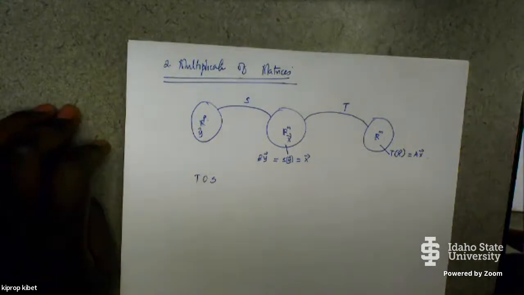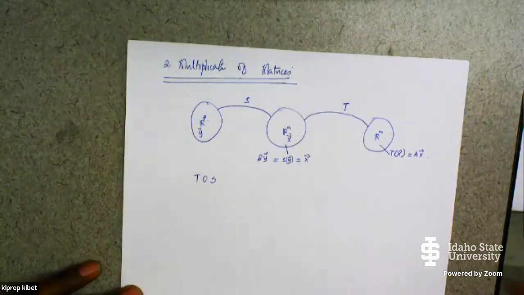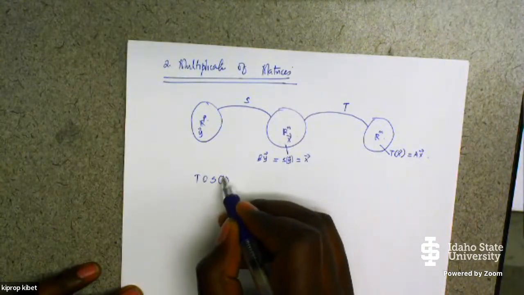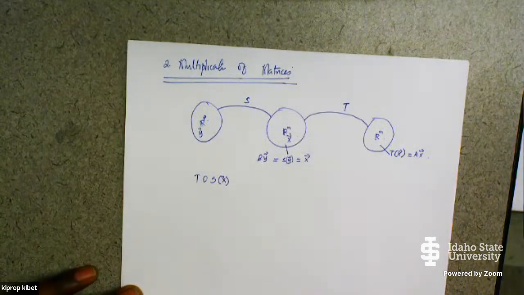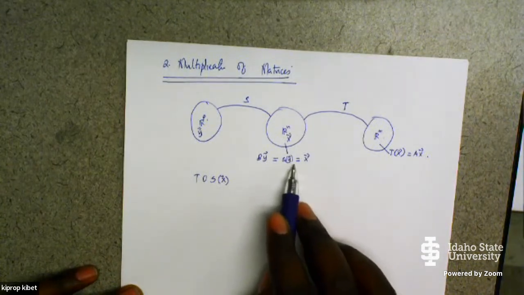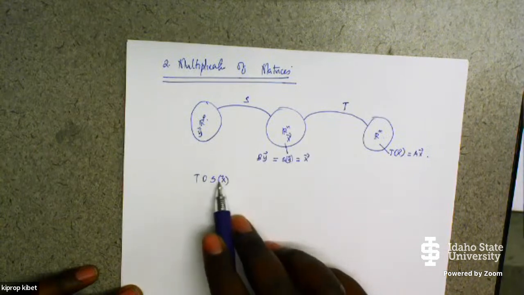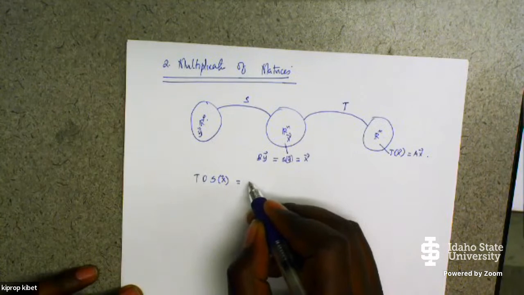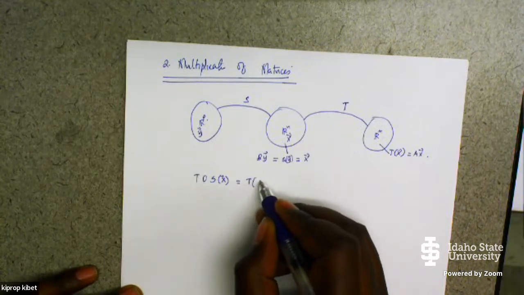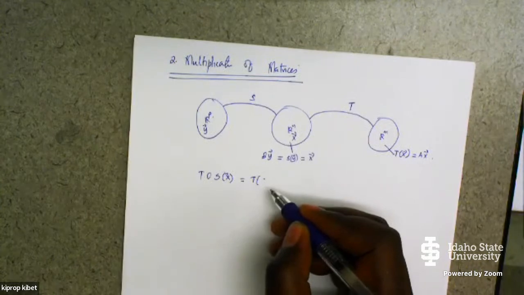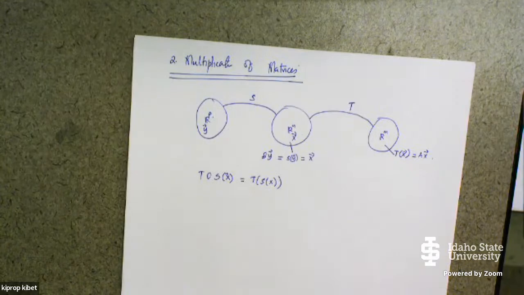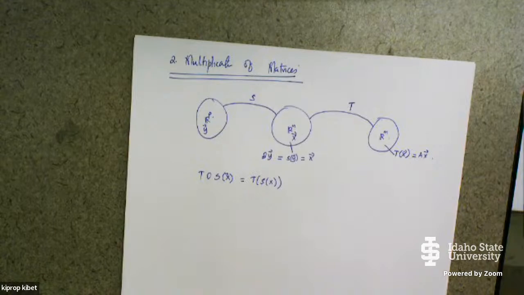Then T of S of X. T of S of X is the same as T of S of X there, which is like that.